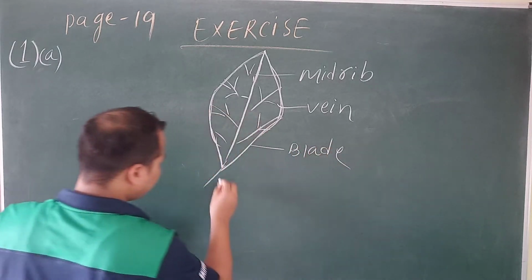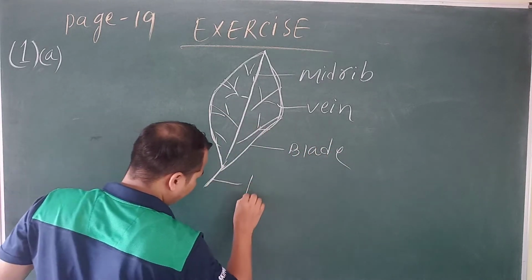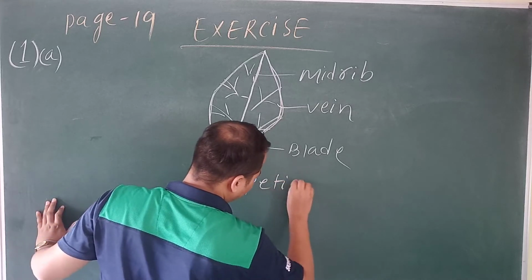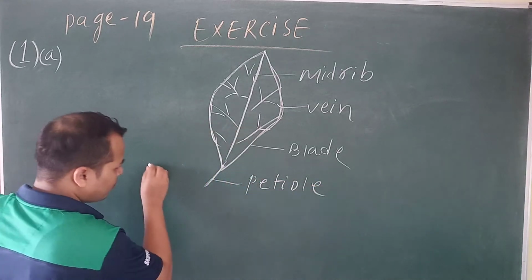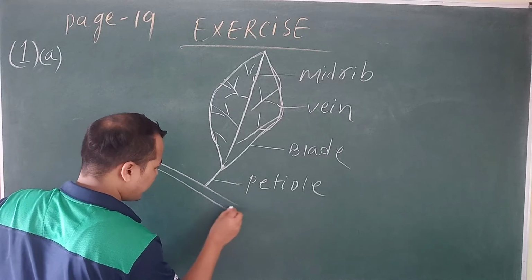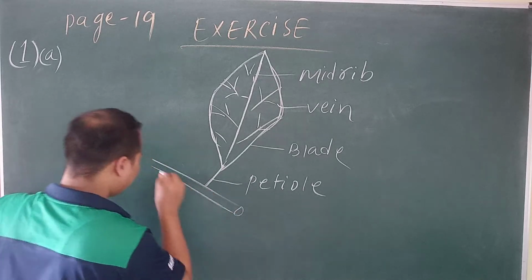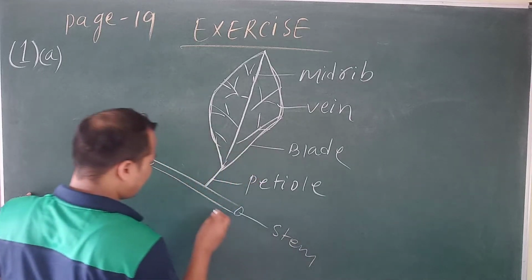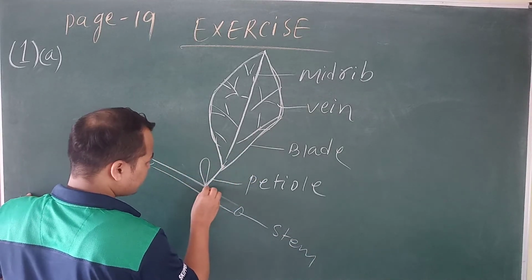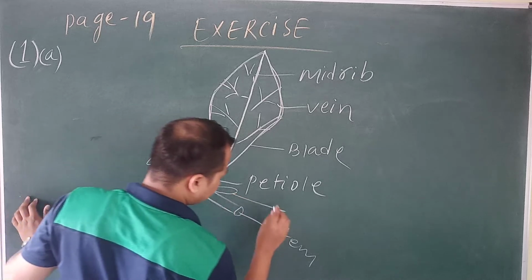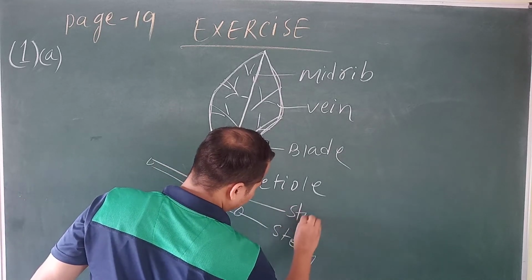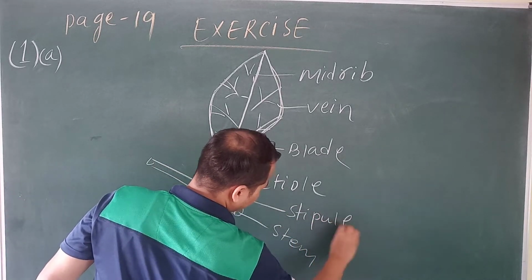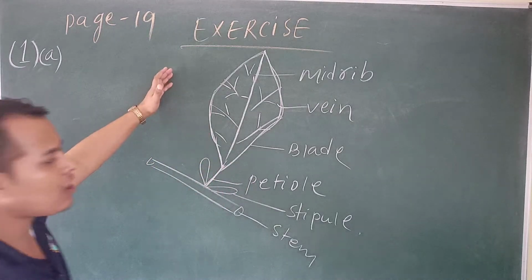And this is called the petiole. If you take a plant, this is the stem. From the stem, a small outgrowth arises. This is called a stipule. So this is about the structure of the leaf.